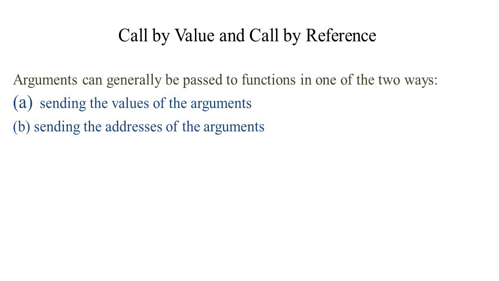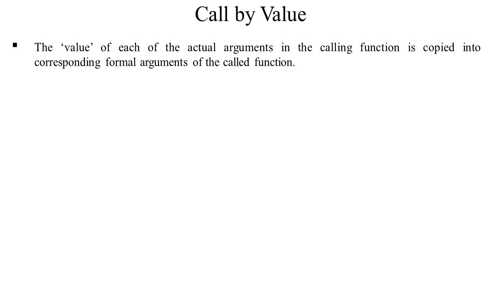The second one is sending the address of the argument. That means we are not providing values of particular arguments, but we are actually sending the address of the argument, and then the function call is made and whatever process happens in the function. First let's see call by value.